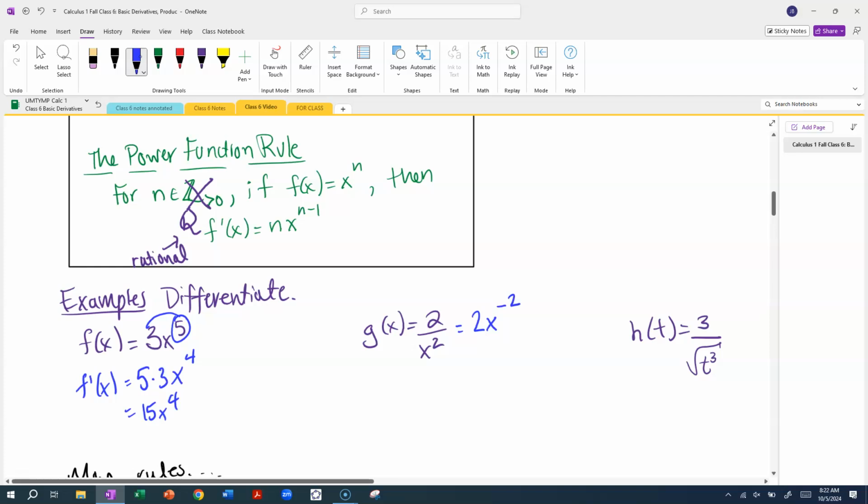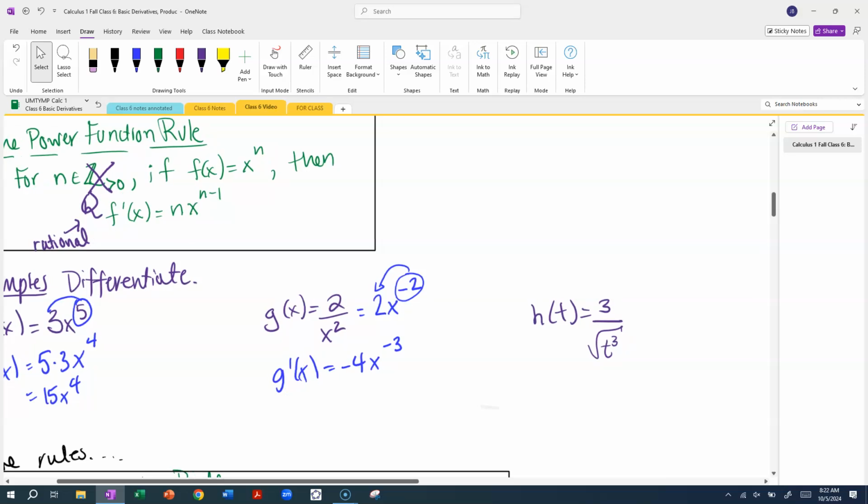Move that x into the numerator, make the exponent negative. And then I would bring that down and decrease the power. So g prime of x would be negative 2 times 2, x to the power of negative 3, which is negative 4x to the negative 3. We have to decrease the power by 1, which is actually going more negative.